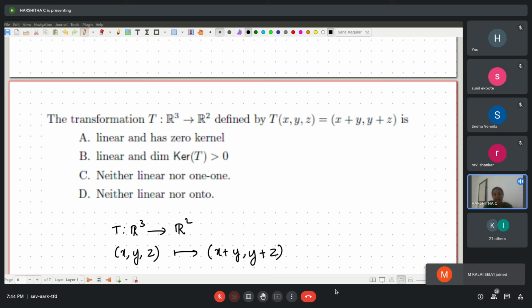Can you think about rank nullity theorem? Anybody wants to try? It's okay if it's not the right answer. You can just guess.